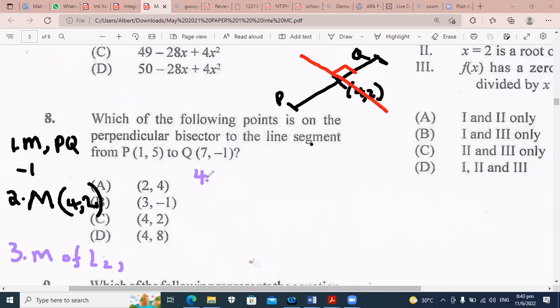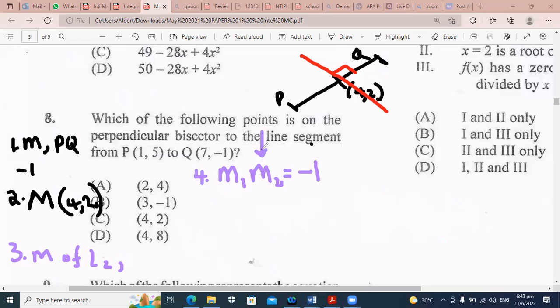So when you add the gradients, then we get -1. You're half right, not add. When you multiply the gradients of the two lines, that is the gradient of the first line PQ and the gradient of the perpendicular bisector, you get -1. Now, why are we doing this? We're doing this to find the gradient of the perpendicular bisector because we don't know it.